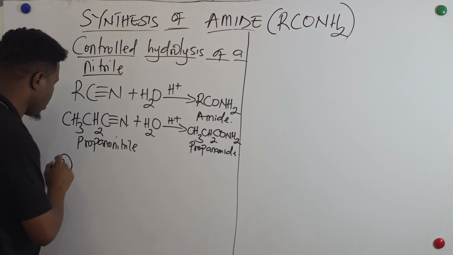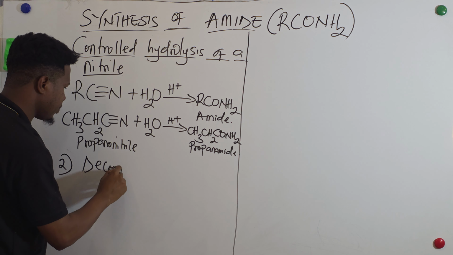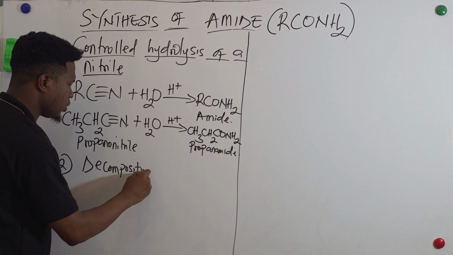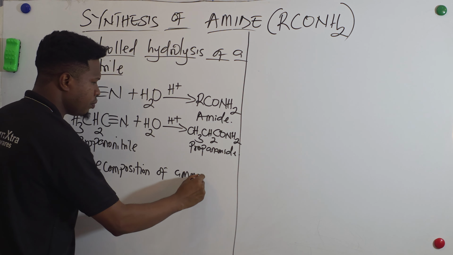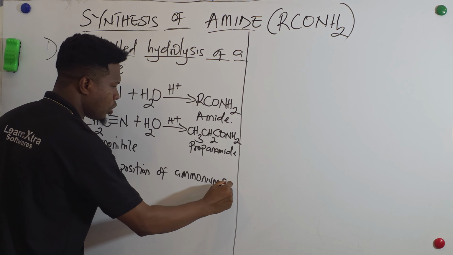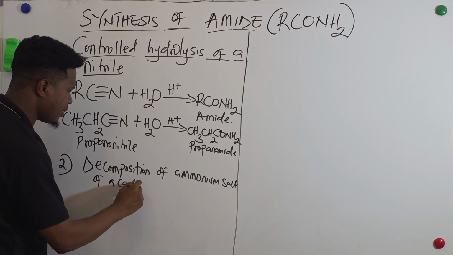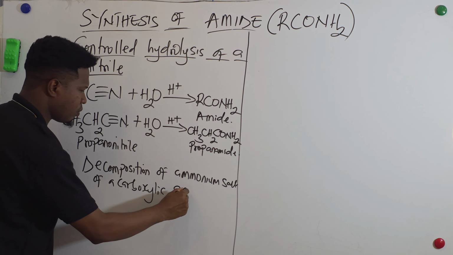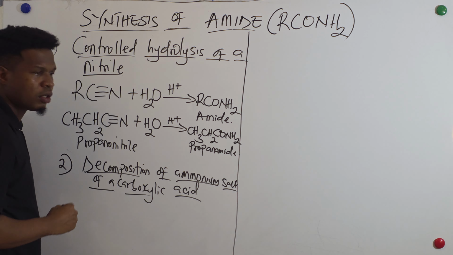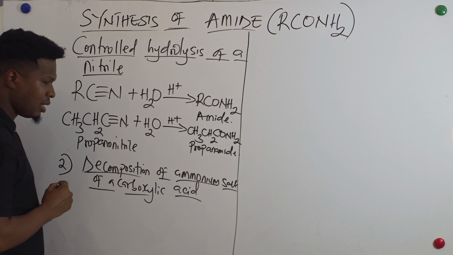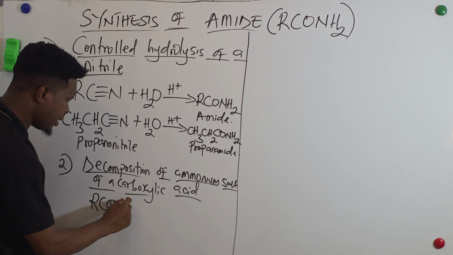Number two is decomposition of ammonium salt of a carboxylic acid. So a carboxylic acid ammonium salt can be written as RCOONH4.